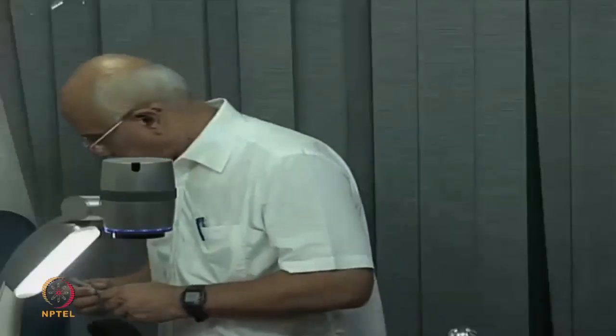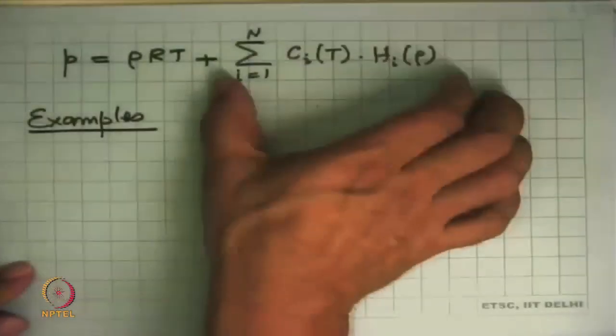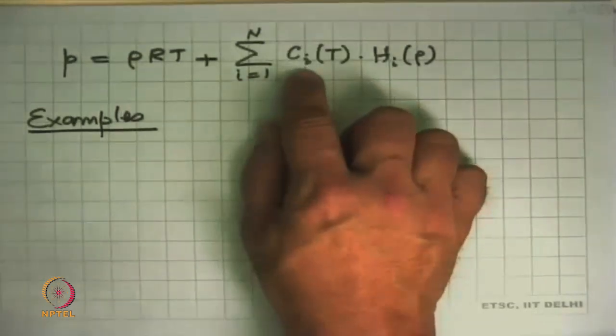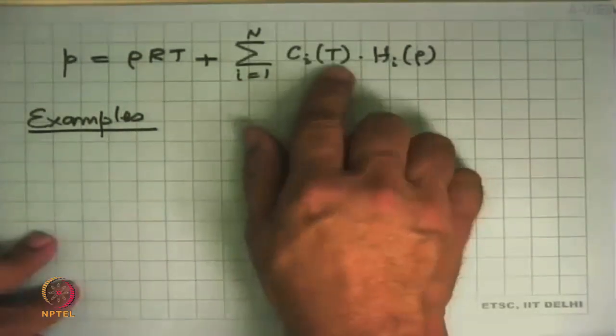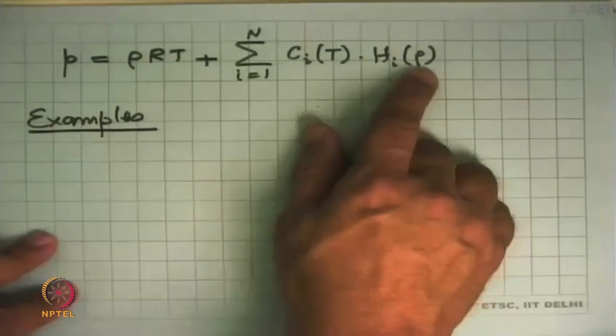And now I'll just give you some examples of how we get this P, rho, RT type of a thing. What we have done is P equal to rho RT, which is the ideal gas equation of state, and we added to this a big term, Ci, which is some sort of a constant as a function of temperature, and another function which is of density.